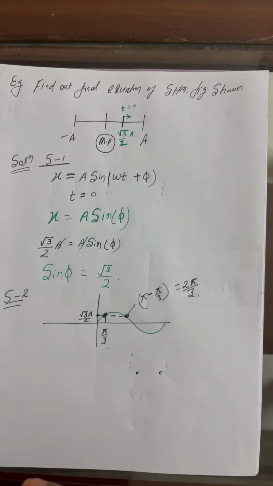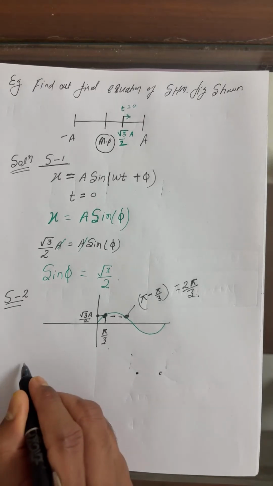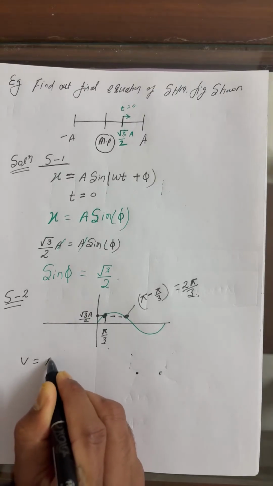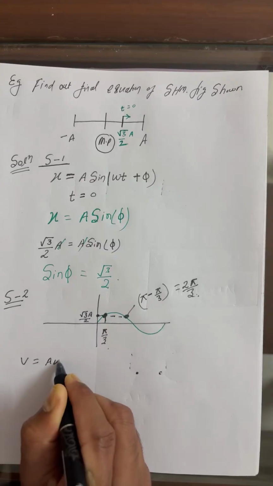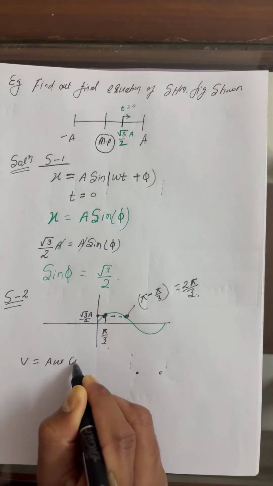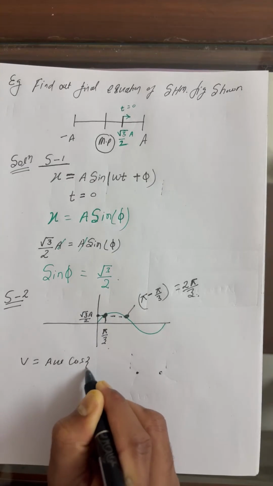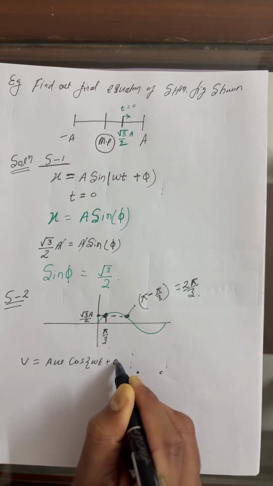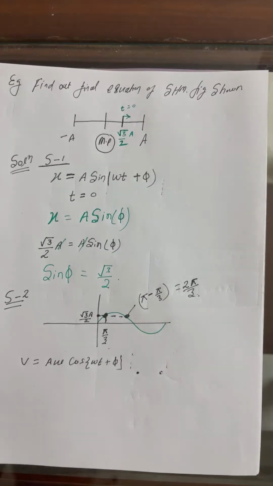So you have to think in which quadrant, because you know the velocity of the particle is a omega cos(omega t plus phi).